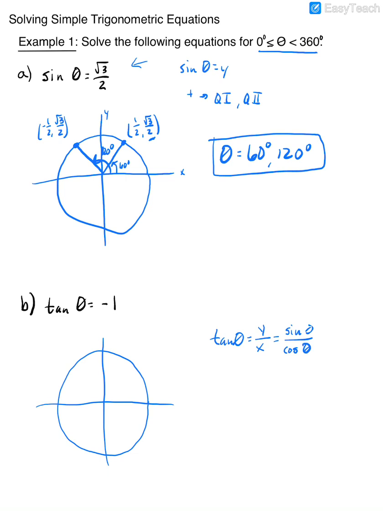So if we know that sine is y, we know cosine is x. So we need to find an ordered pair that when you divide them, you would be able to get 1. That's what's happening here for tangent.